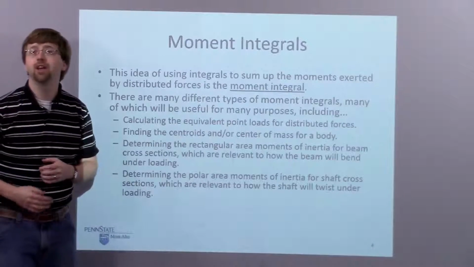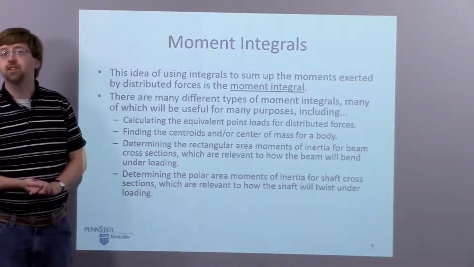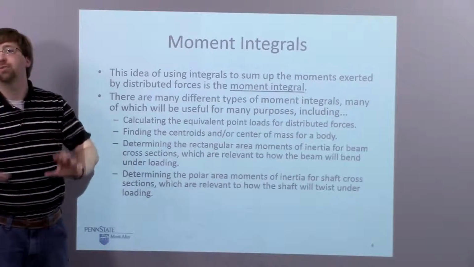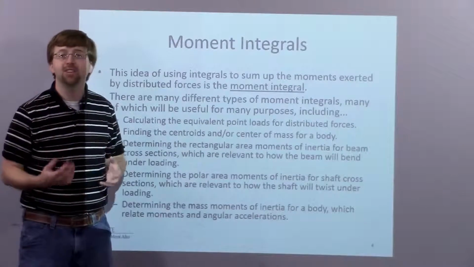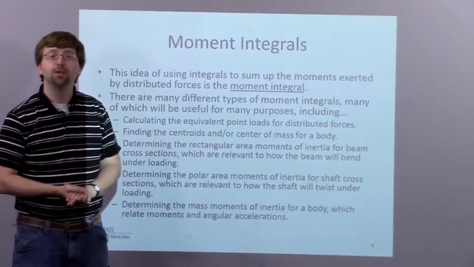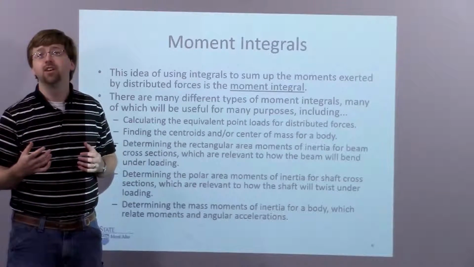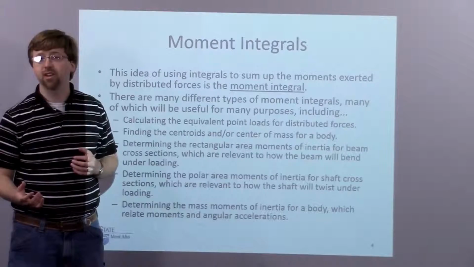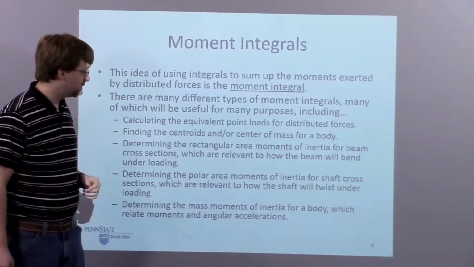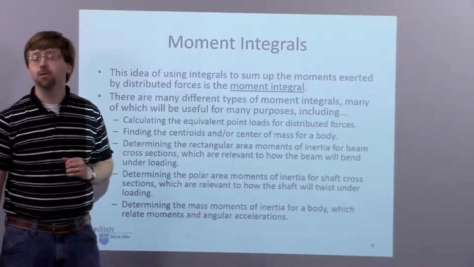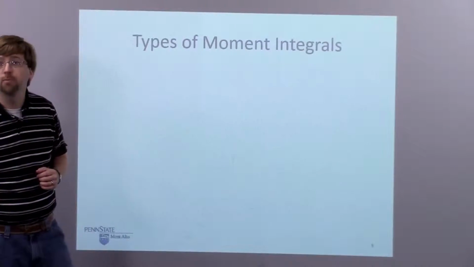We can use it to determine a shaft's resistance to twisting as we turn that. And finally, we can use it to determine the mass moments of inertia, which are a body's resistance to angular accelerations. So there's lots of potential applications for this, and different types of moment integrals are used for each of these.